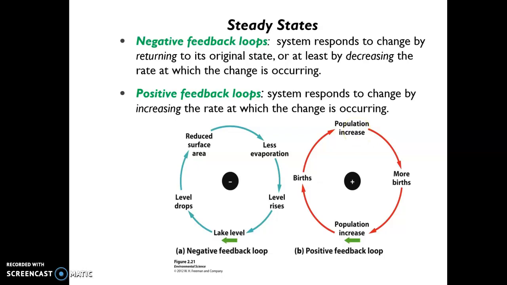So now maybe we have 400 rabbits. And that would continue to cycle around in a positive feedback loop with a more increase in population, more births, and then even a greater increase in population. So there is a bit of an issue with using this example of a positive feedback loop, in my opinion.